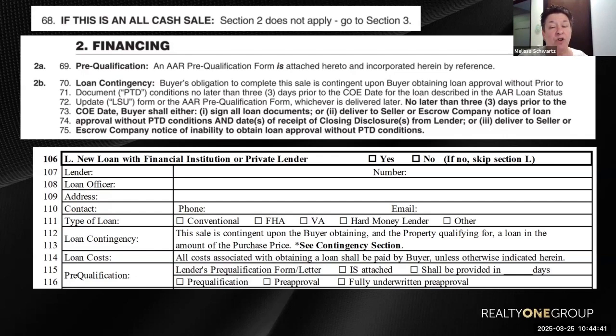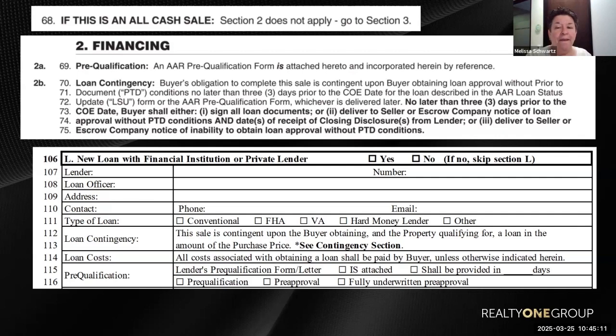They actually have a box for hard money lender. A lot of people don't put that down. They say cash, and it's really a hard money lender, but that's fine because they're not using the financing section then. Because a hard money lender, I mean, they require an appraisal, but it's a totally different appraisal. Usually it does not affect anything, but it's not contingent on that because they're not saying it's a loan. They say it's cash. Okay. This does actually say type of loan, hard money lender, which means you do have the financing section applying, right?